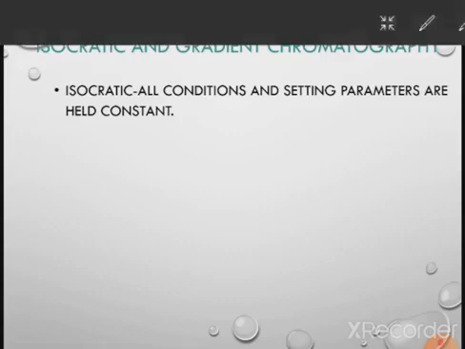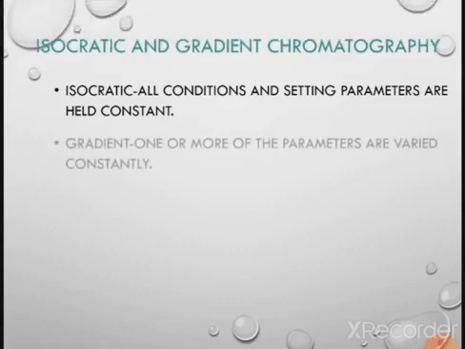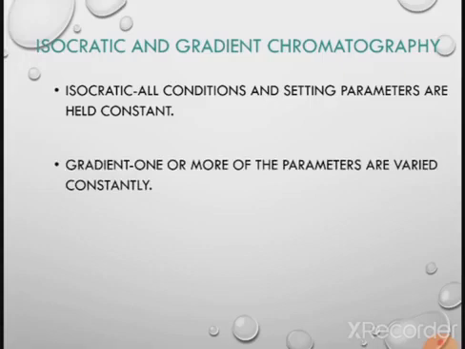Okay, so the typical gradient system is a variation of the mobile phase composition from low to high elution strength. That means in a gradient system we generally vary the mobile phase concentration, from low concentration to high concentration, so that we can produce different strengths and the compounds can be separated accordingly.